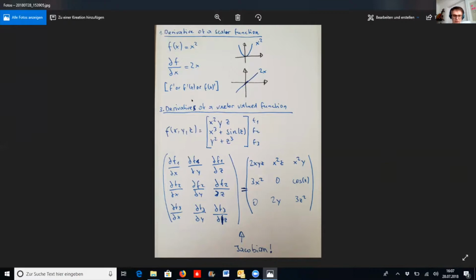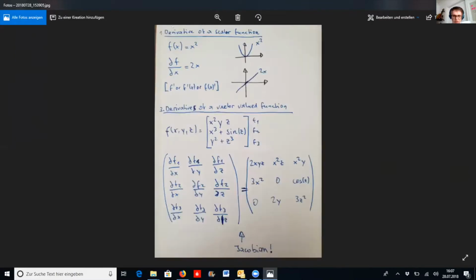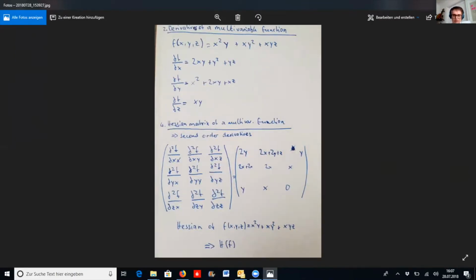Then I have point 2 on another sheet. So this was how to build the derivative of a scalar function with one variable, and now the derivative of a multivariable but scalar function, a function where you have x, y, and z. You can build 3 partial derivatives here.